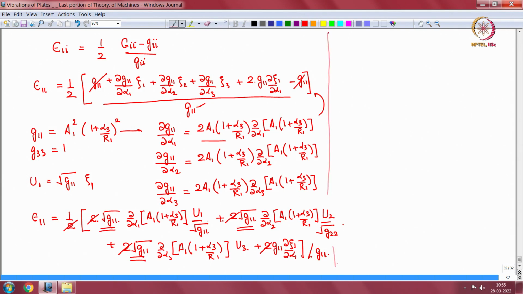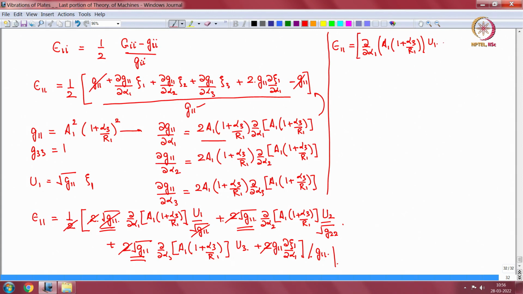So, we get epsilon 11 is equal to del alpha 1 A1 (1 plus alpha 3 by R1) U1, this goes with that, okay. So, let me put a big bracket here.